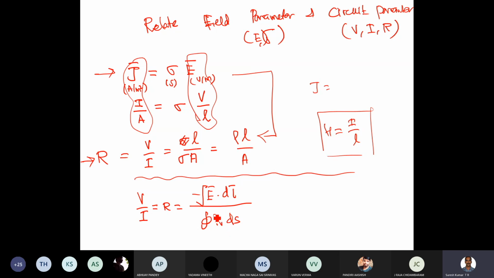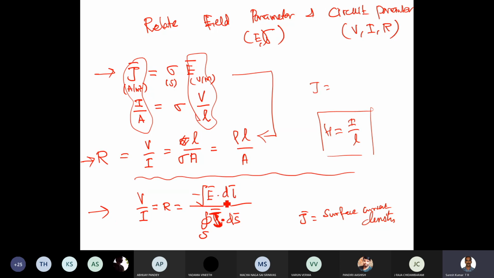So current I equals J vector dot ds vector, where J is the current density. This equation will be useful in solving problems.